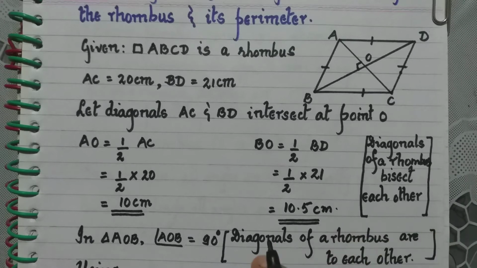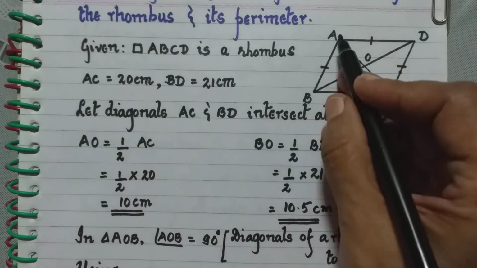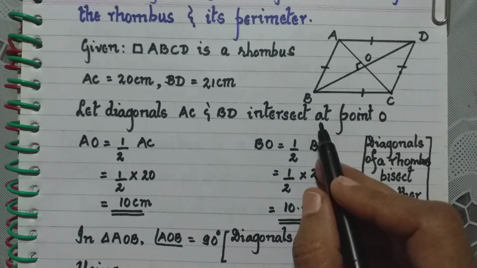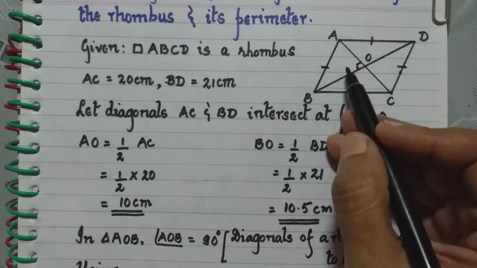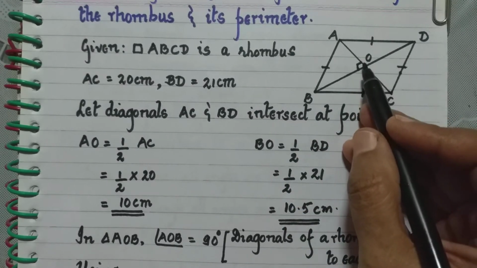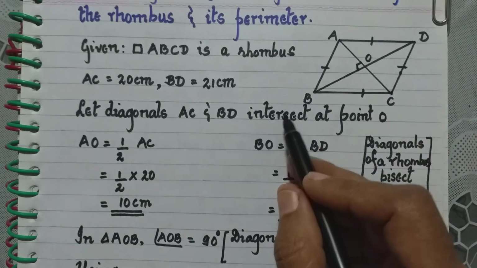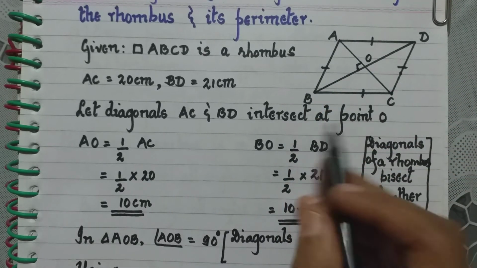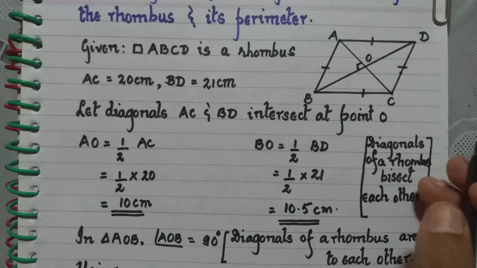Now here we have triangle AOB. In triangle AOB, we see angle AOB is marked as a right angle. Therefore, this triangle AOB is a right angled triangle.